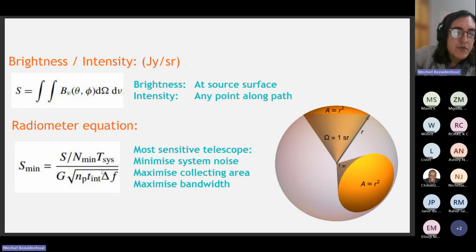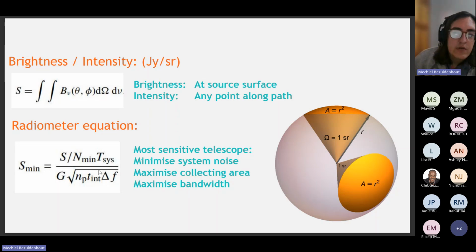It's inversely proportional to the integration time. So the longer that you integrate your observation, the higher sensitivity your image is going to have, the finer details you are able to pick out. And it's also inversely proportional to the bandwidth of the telescope, the frequency range over which you're observing.